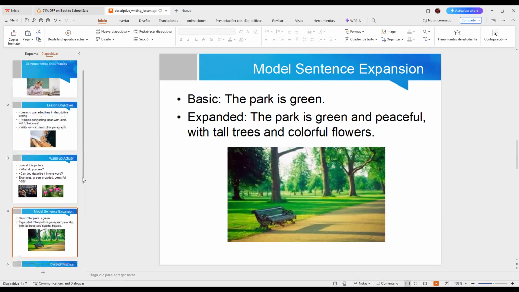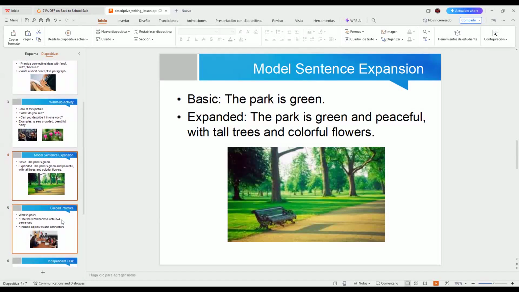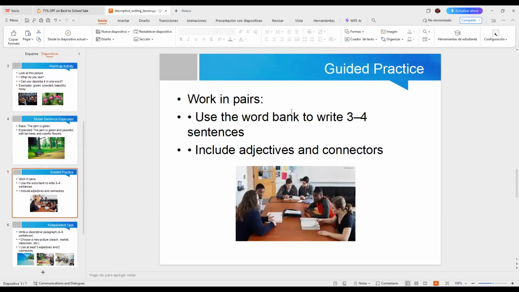Now, after that, I will invite them to work in pairs and use the word bank. Probably we have some vocabulary from the previous activity, a word bank of vocabulary, right? To write 3 or 4 sentences. This activity is good because they can share ideas in order to present the best example, right?